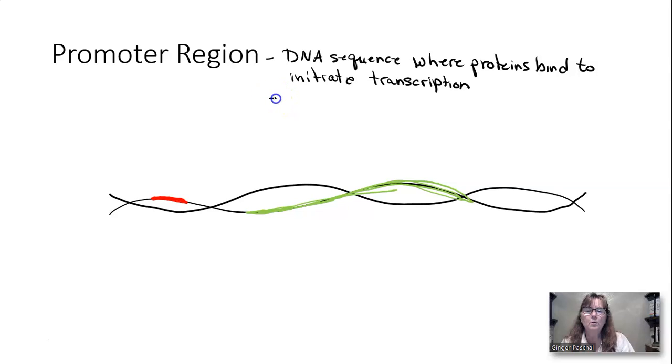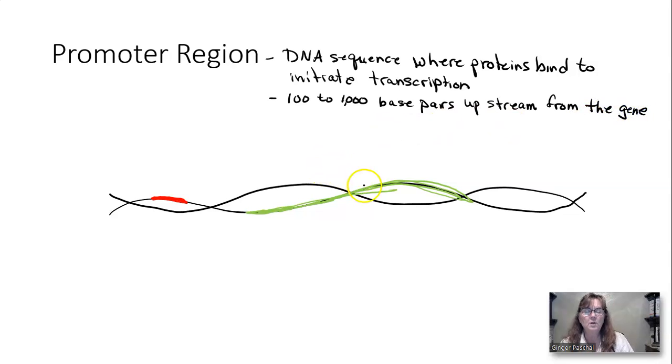Now, a promoter region is anywhere from, let's say, 100 to 1,000 base pairs. And these base pairs are upstream from the gene.